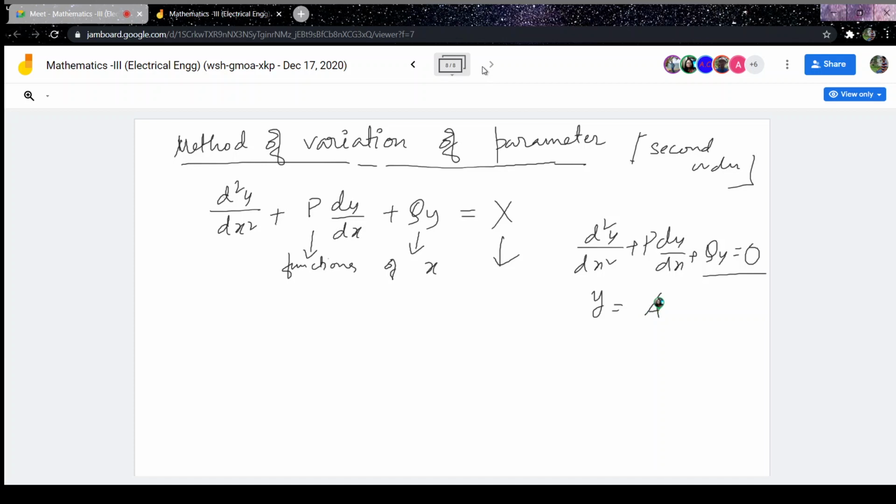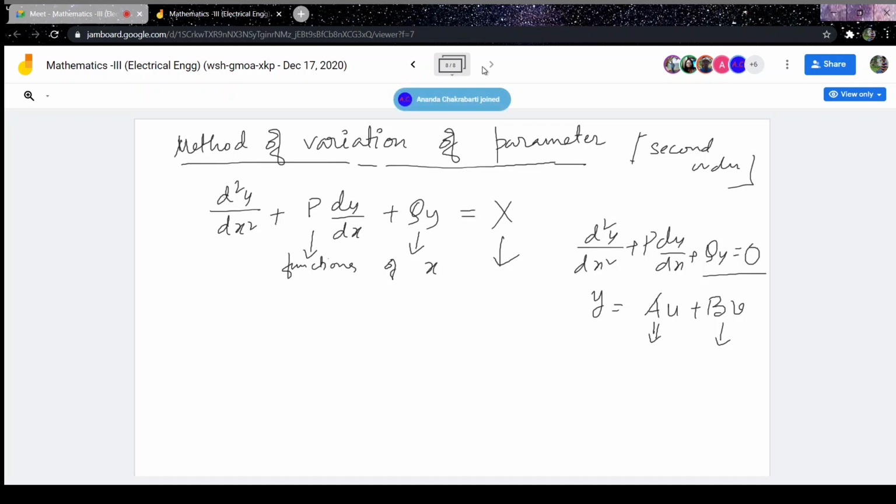Suppose I am writing this as Au plus Bv, where A and B are constants, and u and v are functions of x. We have already solved how to find the complementary function, so we get a solution in this form, where A, B are constants and u and v are functions of x.